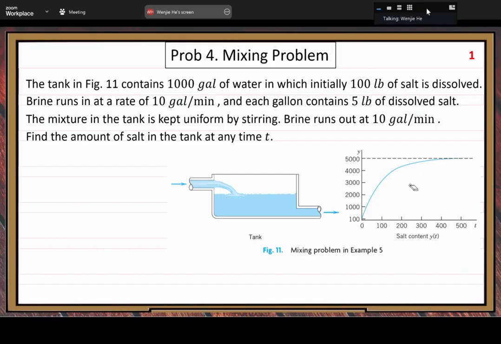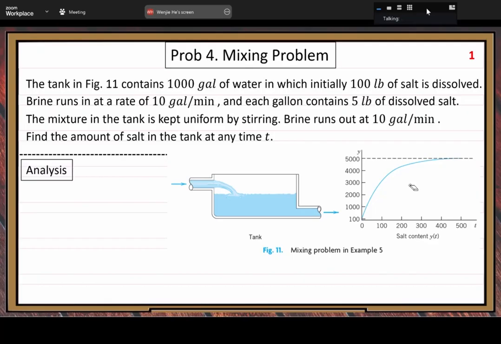After that, when time changes, that amount also changes. What is that function? That's the question.